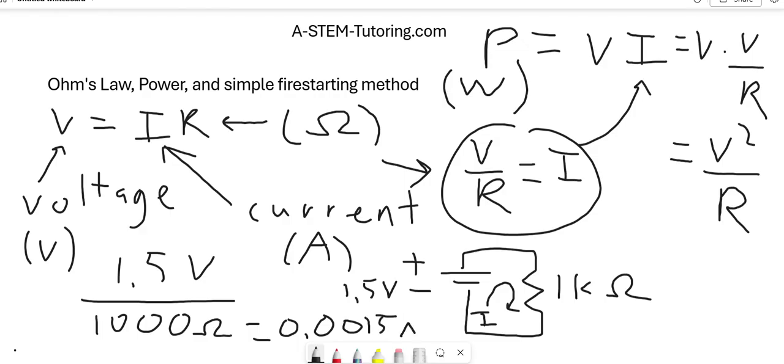0.0015 amps. Oops. Let me see if I can write this correctly here. And that is also equivalent to 1.5 milliamps, where there are 1000 milliamps in a full amp. So that's a small amount of current.